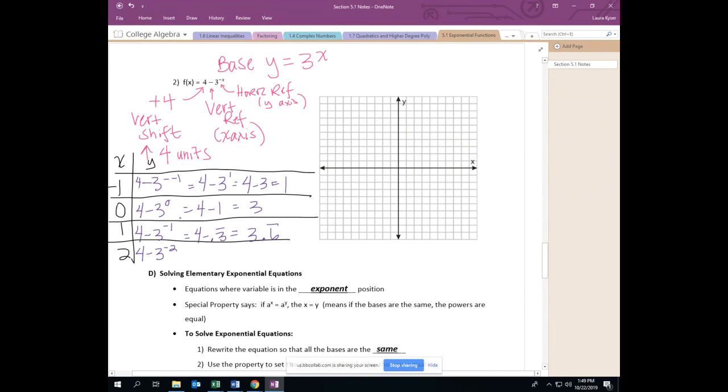And this time, 3 to the -2 power is going to give me an even smaller number, 0.1 repeating. So 4 minus 0.1 repeating is 3.8 repeating.